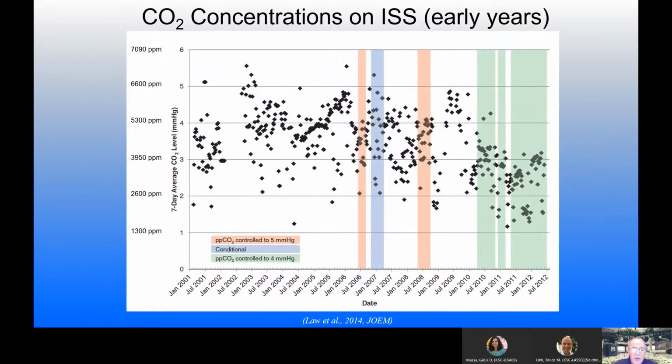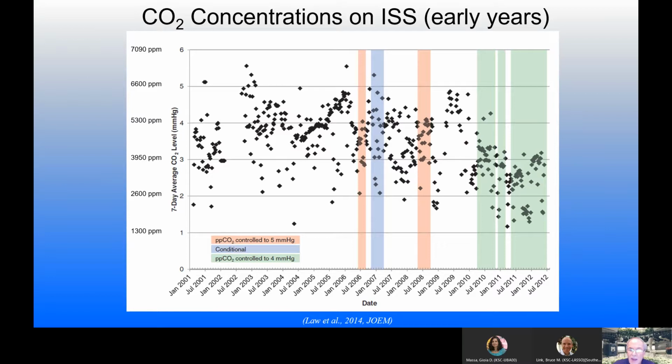I mentioned the CO2 can also be high in spacecraft. This is a plot of the CO2 concentrations on the International Space Station up until about, I think it's 2012 or so, on the right side there. And you'll see that the CO2 ranged anywhere from, say, 3,000 to 6,000 parts per million.